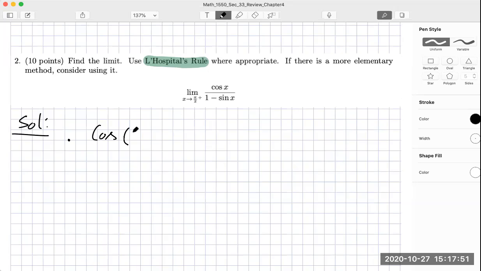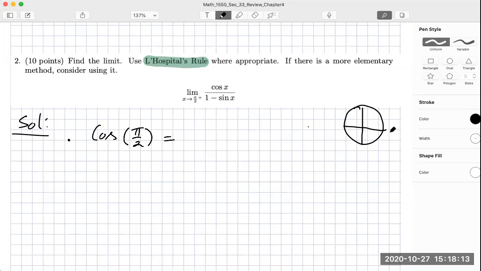So in this case, cosine of pi over 2 would be, what is it? Very good. Cosine of pi over 2 is 0.